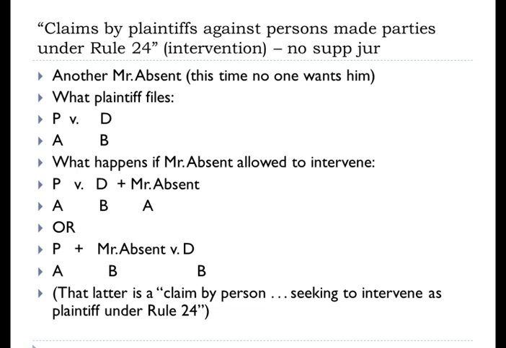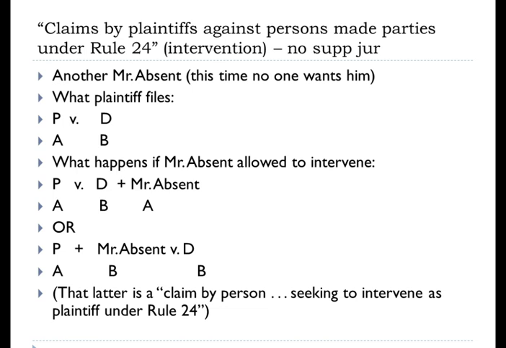So what plaintiff originally filed was just our typical plaintiff versus defendant with diversity jurisdiction. And if Mr. Absent is allowed to intervene as a defendant, let's say that he is a citizen of the same state as the plaintiff.